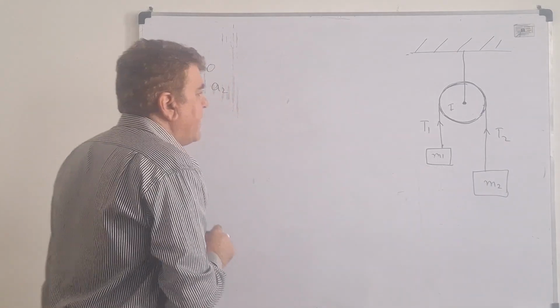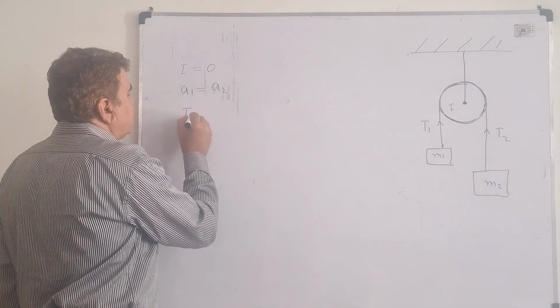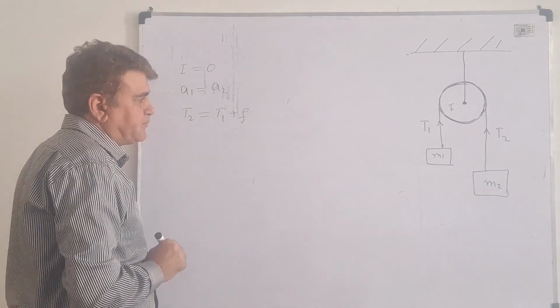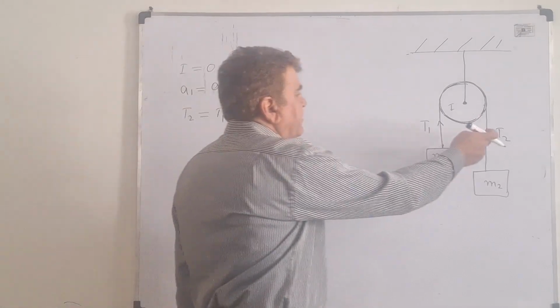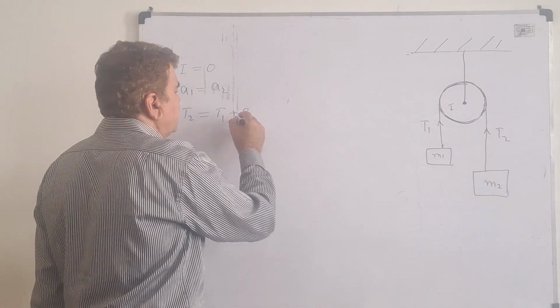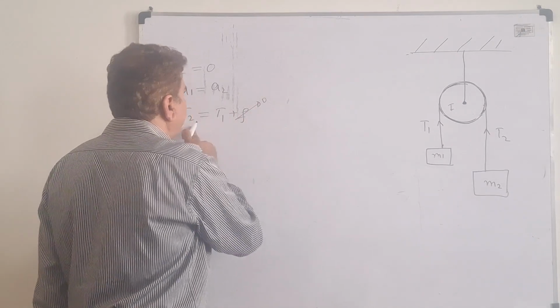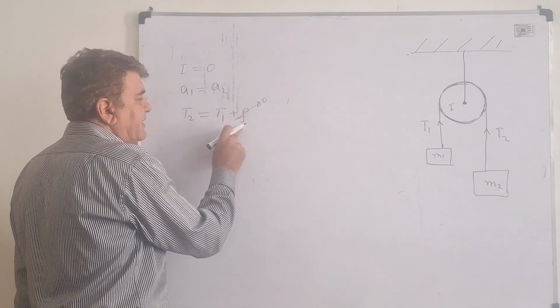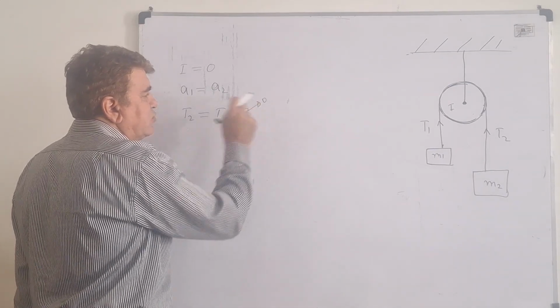If there is friction, then I would write T2 equals T1 plus F, because some part of the tension would be used to overcome this friction. And if the friction is 0, then this part is 0, and we are left with T2 equals T1. So I solve the problem under this condition, that is, I consider the friction to be 0.